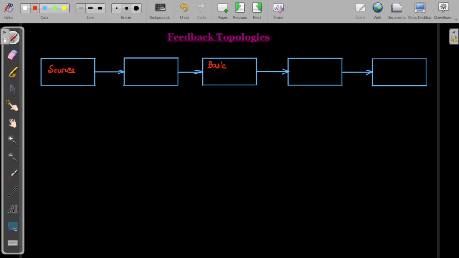This is the basic amplifier, and before the basic amplifier there will be a mixer. We have already seen that mixer.